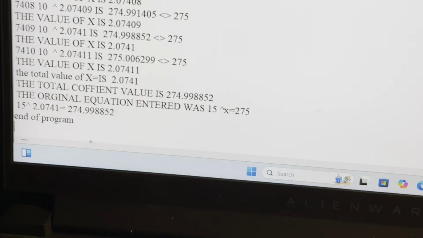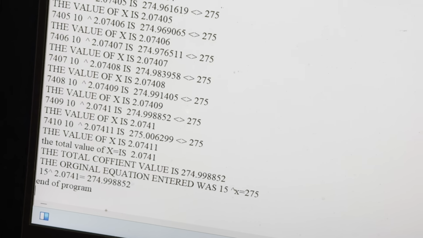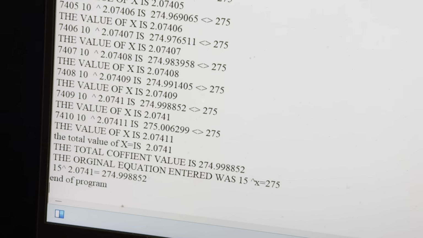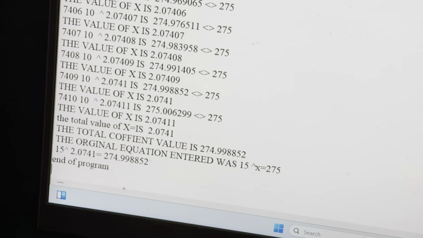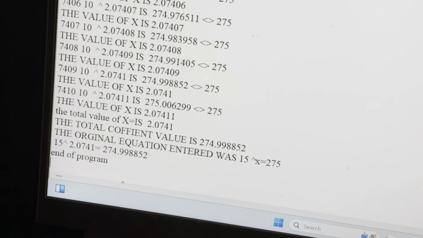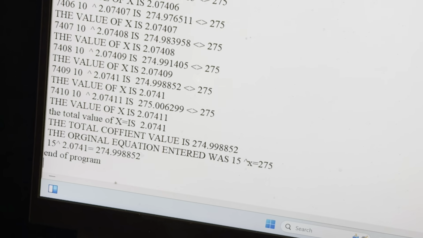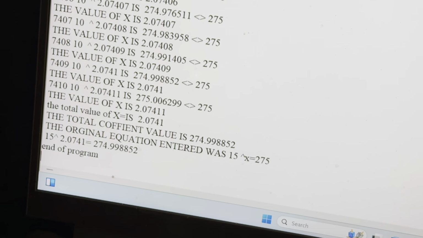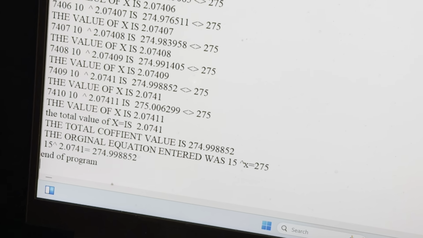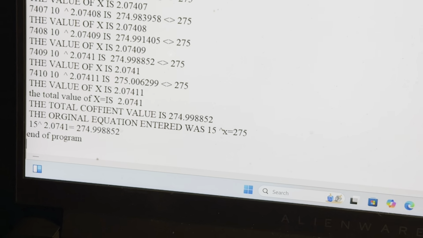If you take 15 and you raise it to 2.0777, you get 274.99, which is very close to 275.